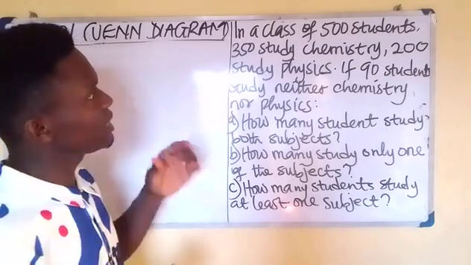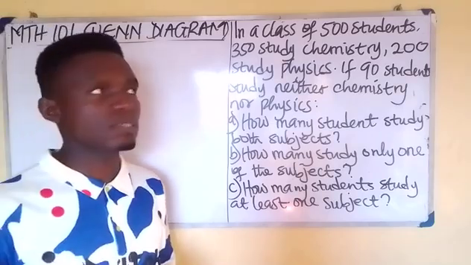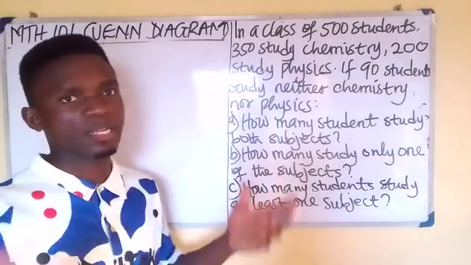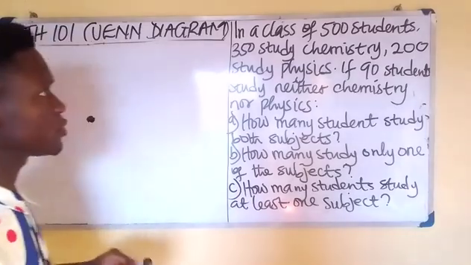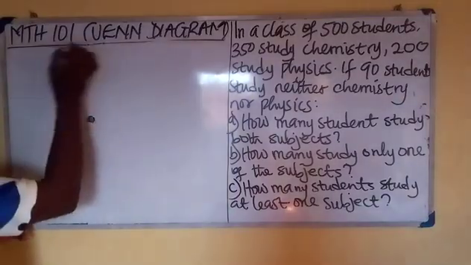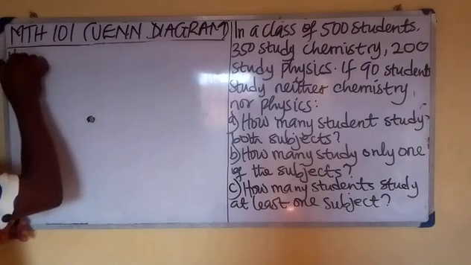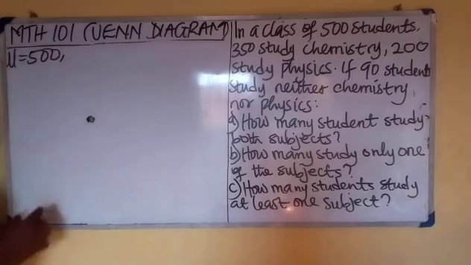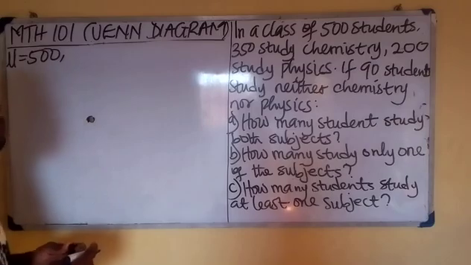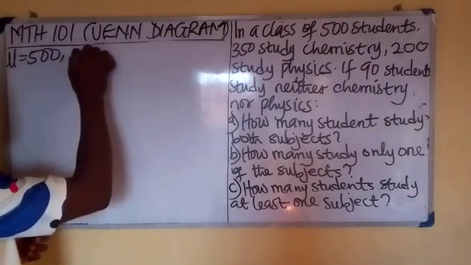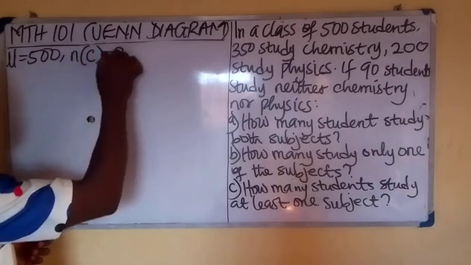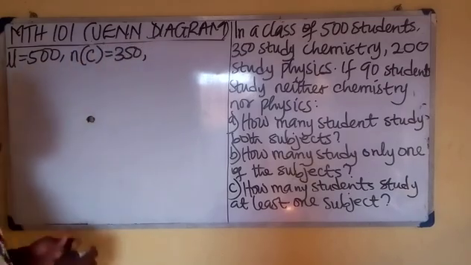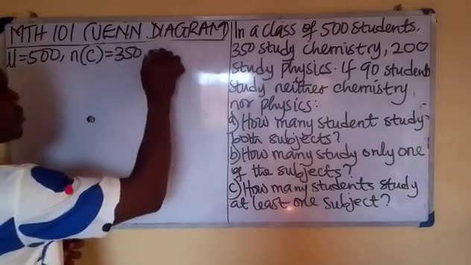Now, they said in a class of 500 students, meaning that the total number of students in that class is 500, and that tells me it is the universal set. It means that the universal set there is 500. It said 350 study chemistry, then 200 students studied physics.